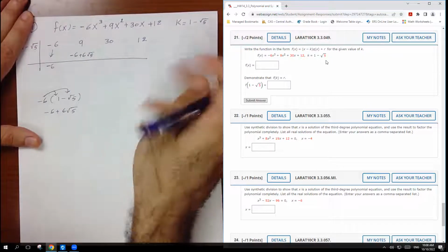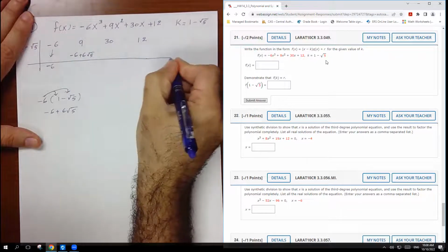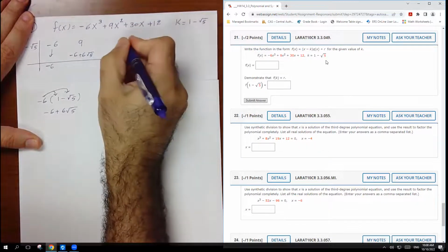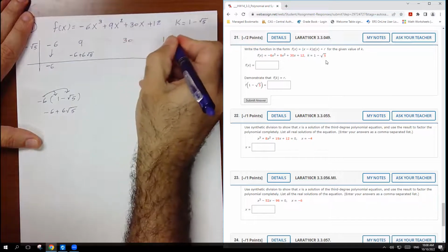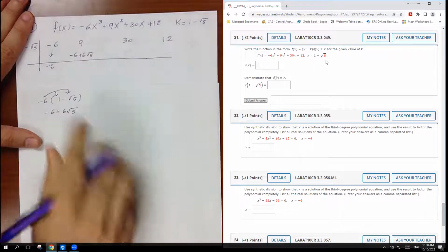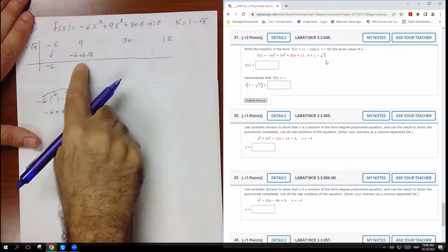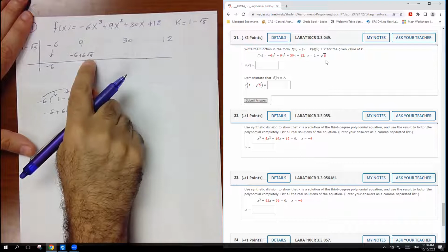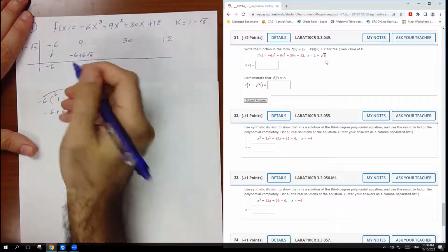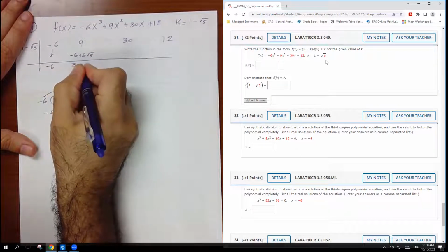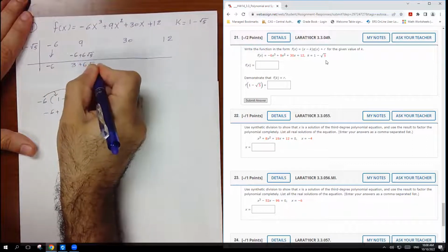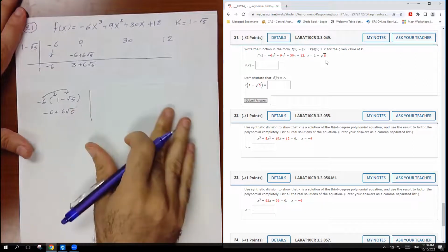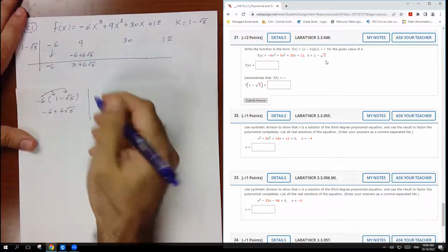Now, next step, let's make some space here, and 12 here. Then I'm going to add these together. When you add these together, add just the 9 with -6, because we can't add the 9 to the square root term. So 9 minus 6 is going to be 3 plus 6 square root of 5. Now the second part, we're going to multiply this one times this one.